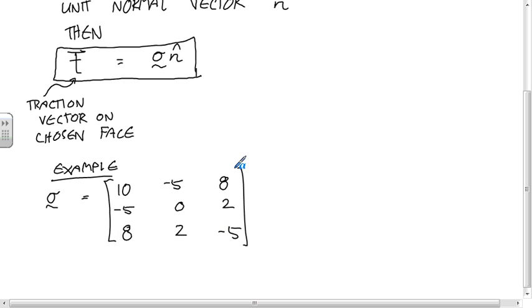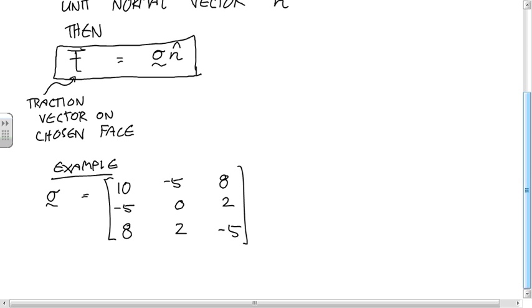Is that a possible stress tensor, first of all? Yep, it's symmetric.